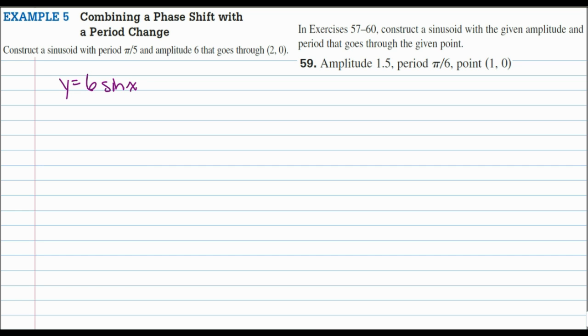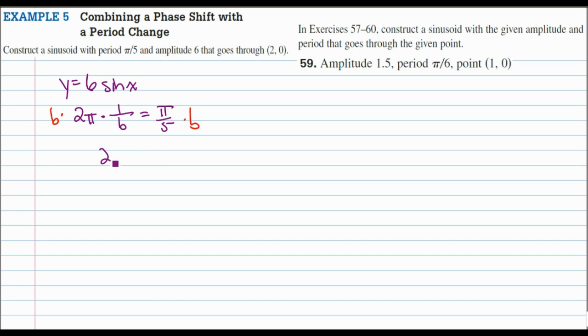Okay, so the period is 2 pi times the reciprocal of the coefficient of x. So 2 pi times 1 over some number is going to be pi over 5. That's how your book also gets the formula for the period of 2 pi over b. Same thing. Let's multiply both sides by b first.